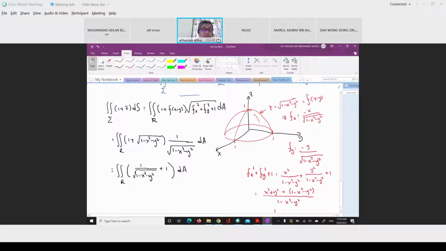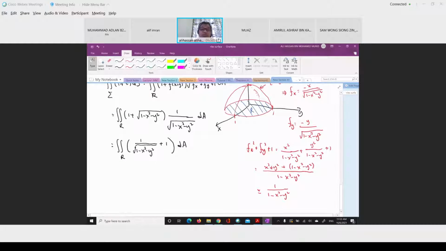In the xy axis. It is in the circle, isn't it? Yes, R is the region inside the circle on the xy plane, right? Yeah, that is the region R here. This is the blue shaded region here. So it is circular.